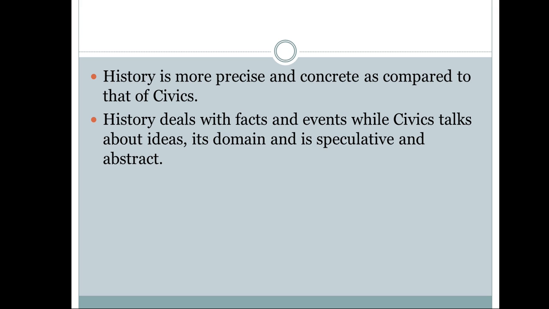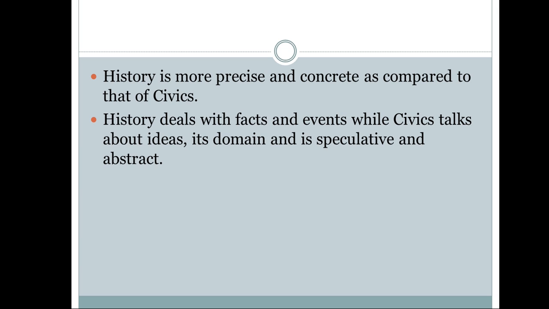Your civics is something which gives you ideas. Speculation is when you think about certain things, what the future will be, and that is in abstract form, which is in your thinking. According to each and every individual, abstract thinking is each person's own observation, own thinking. Concrete is something that is in a solid form.